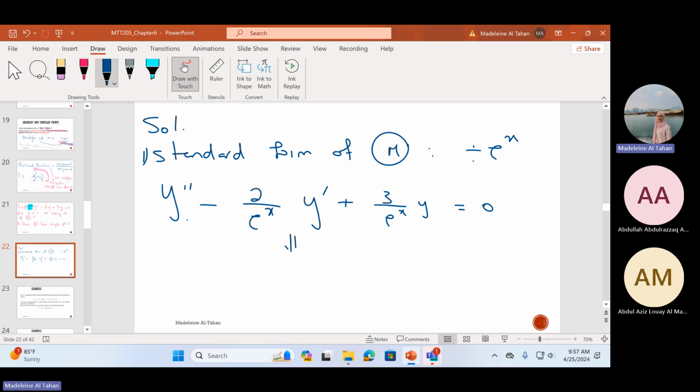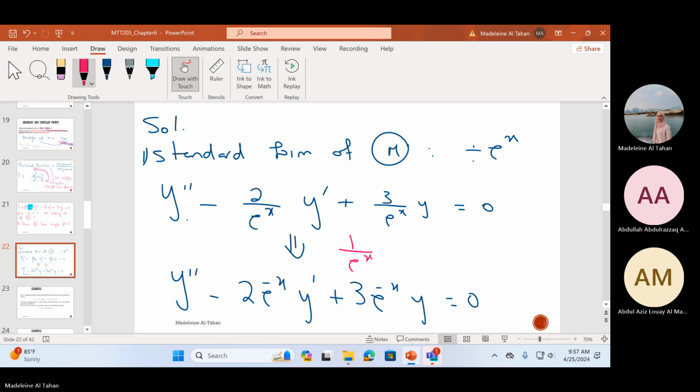We can write it as y'' - 2e^(-x) y' + 3e^(-x) y = 0, because 1/e^x is equal to e^(-x). So we wrote it in standard form.